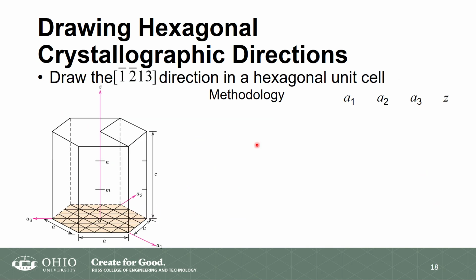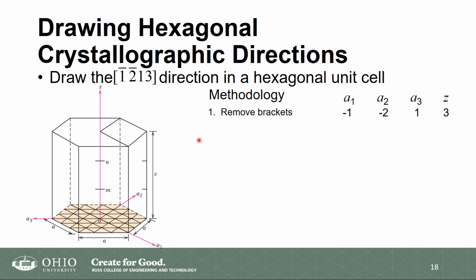So in the next example, we're given this direction, which is over bar 1, over bar 2, 1, 3. And so those are our Miller indices, and we need to take those numbers and then try to draw them. Okay, so in this case, rather than the A1, A2, and Z that were given before, now we have the 4 axes, which are A1, A2, A3, and Z, and each of these letters account for each of those axes.